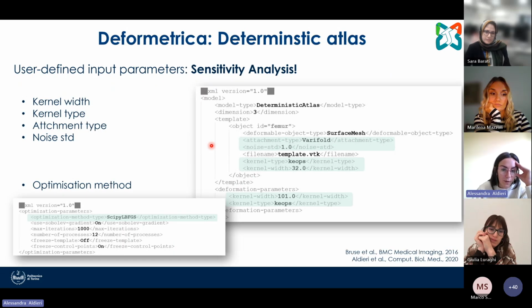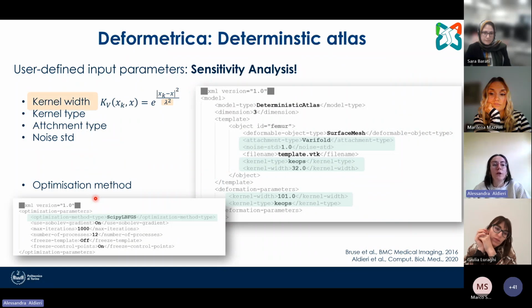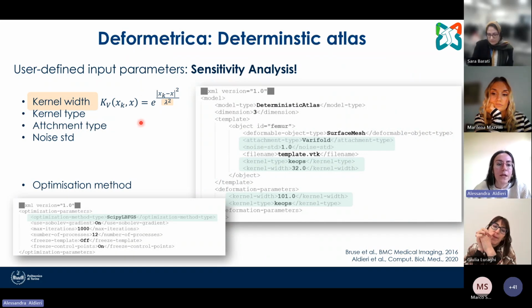So going back to the user-defined parameters I was mentioning before, here I highlighted the main ones, okay, which are contained both in the model file and in the optimization parameters file. In particular, the kernel width is quite important, okay? So Deformetrica employs a kernel to go into the space defined by currents. And so this lambda, the kernel width, must be defined.